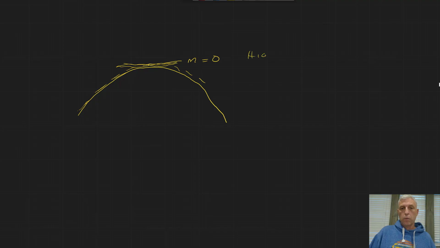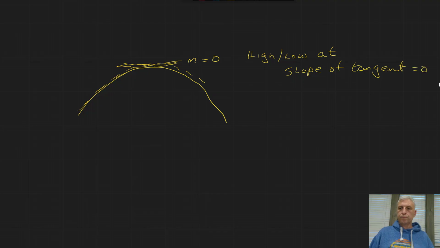The high-low is always at slope of tangent equal to 0. Okay, that's pretty basic. That makes sense. So how do we find where that high point or low point equals 0?